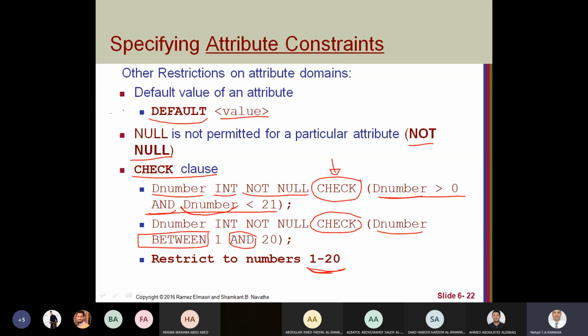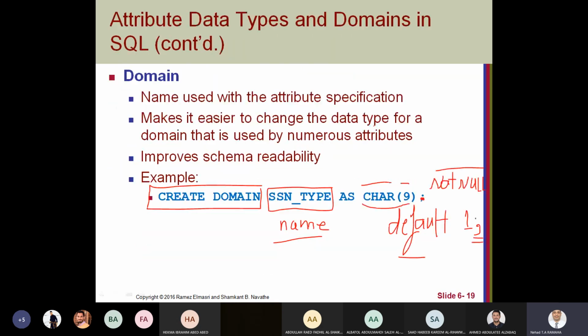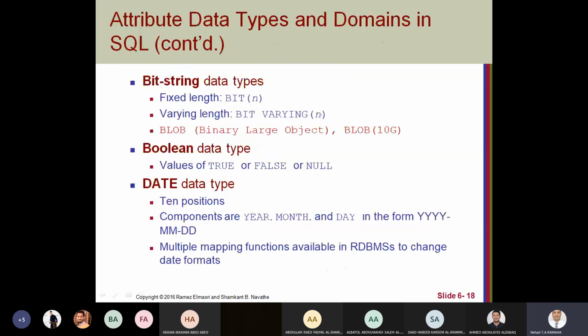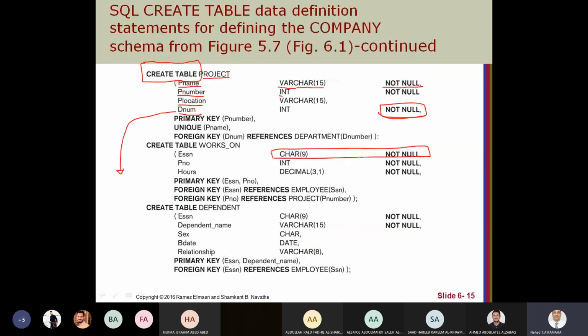So until now, we took default, null and not null, and check. All these attribute constraints, I can write after the name of the attribute when I create the table. For example, bname VARCHAR 15 NOT NULL.